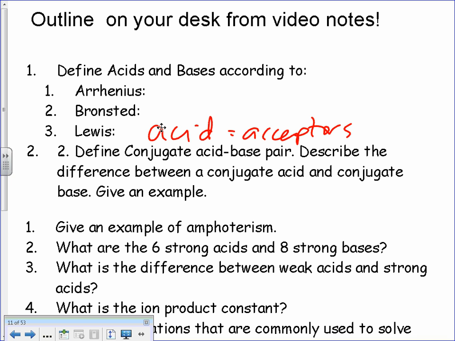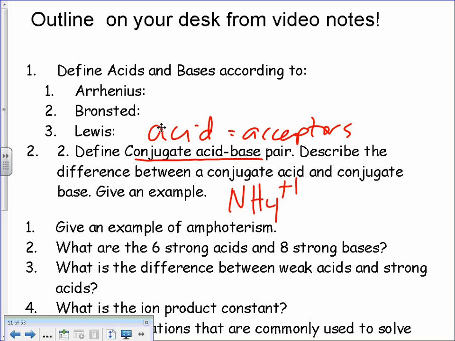Give me an example of a conjugate acid-base pair. Ammonium. So ammonium ion and... so when I say this is the tricky part. When I say conjugate acid-base pair, I mean the thing, and then the thing after it's either gained or lost a proton.